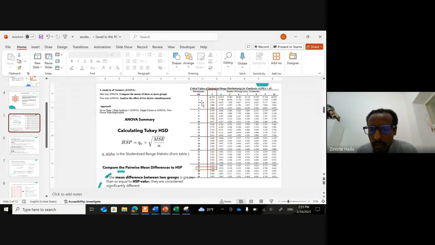So we can go from 3 in the horizontal direction and from the 4 in the down direction. So the point is here, 6.825 is the Q value. So the Tukey post hoc value can be calculated by the Q times the square root of the mean square error from the ANOVA divided by N. This is the calculation.